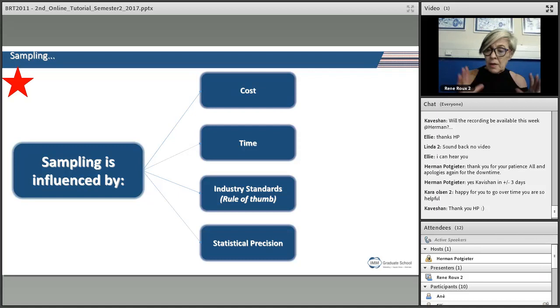It is not the perfect sampling formula that you use. Another standard is, if I do a sample of 100, which is industry standard, but I want to analyze it according to 3 age groups.